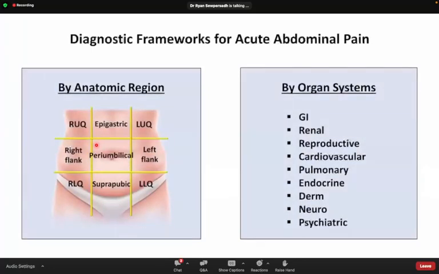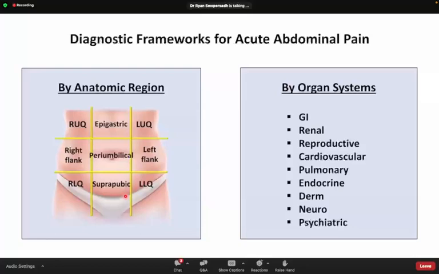These 9 regions, I'm sure all of us are familiar with from our time in general surgery. There's the right and left upper quadrant with the epigastrium in the middle. Then there's the right and left flank with the periumbilical area in the middle. Then there's the right lower quadrant and left lower quadrant with the suprapubic area in the middle.